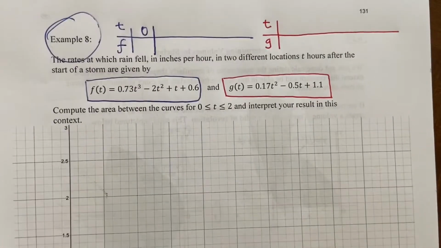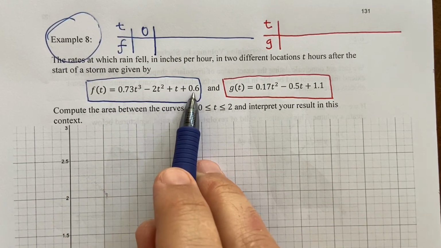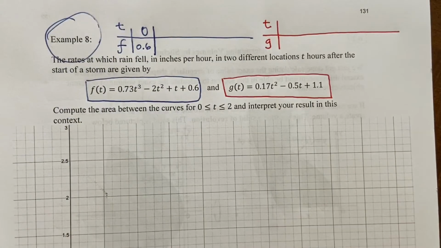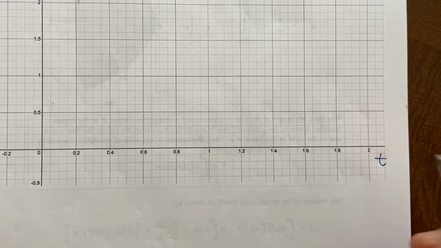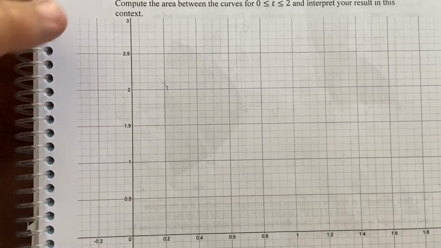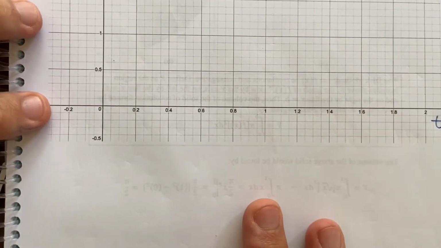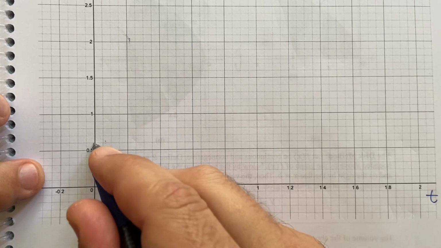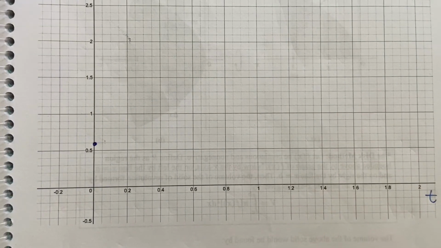So it looks like 0.6, right? Plug in a 0, we get 0.6. So I'll graph that. So this is my time axis. This is my F/G kind of Y axis. And then 0.6 right there.